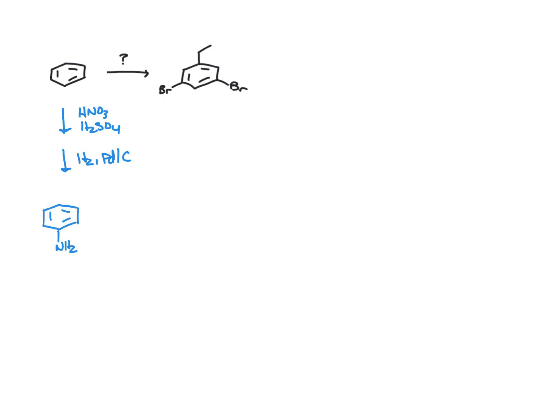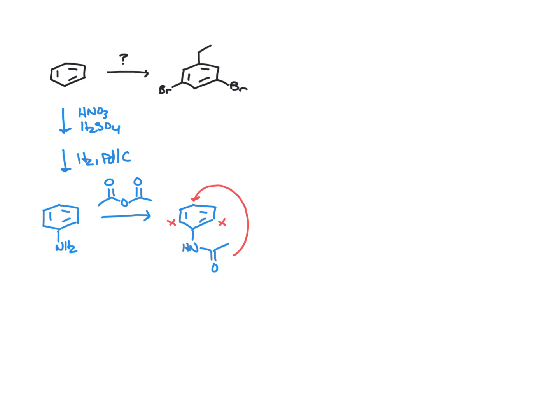Now let's turn that into a bulky group. All right, so with that bulky group, the positions ortho to it are blocked, but we can install something para.